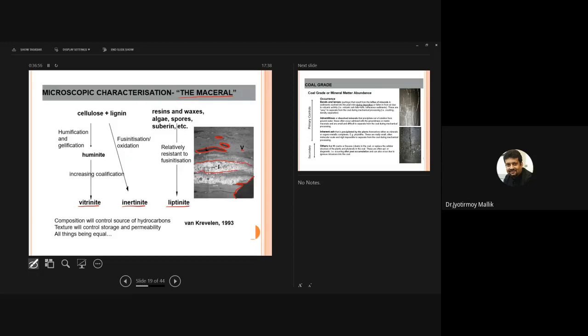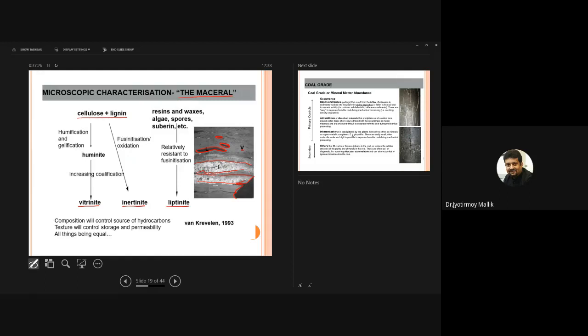Now let's start with inertinite. Inertinite is the part that forms the ash. Now, this is mostly the inorganic part. So this is the product of, say for example, plant material which is cellulose plus lignin. Some part of it gets oxidized, and that forms inertinite.